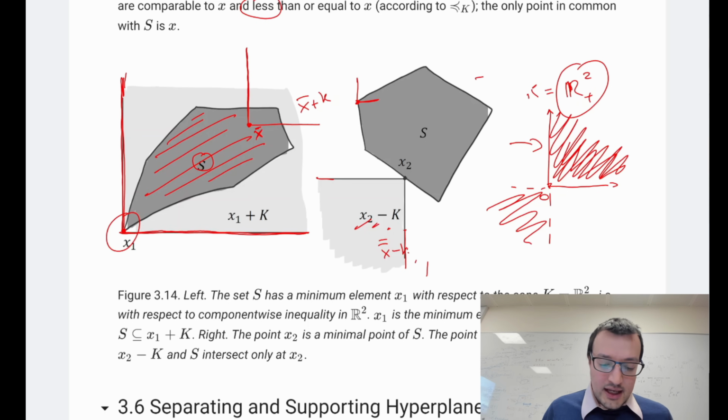Okay, and as I said, this is an important concept when we look at convex optimization problems or general optimization problems with multiple objectives. We have already seen in some examples that in those problems we don't have a minimum point, but we will have multiple minimal points, which are actually Pareto-optimal points.